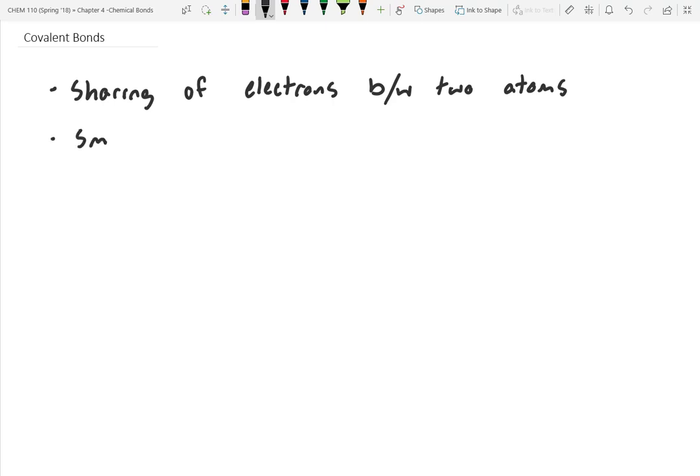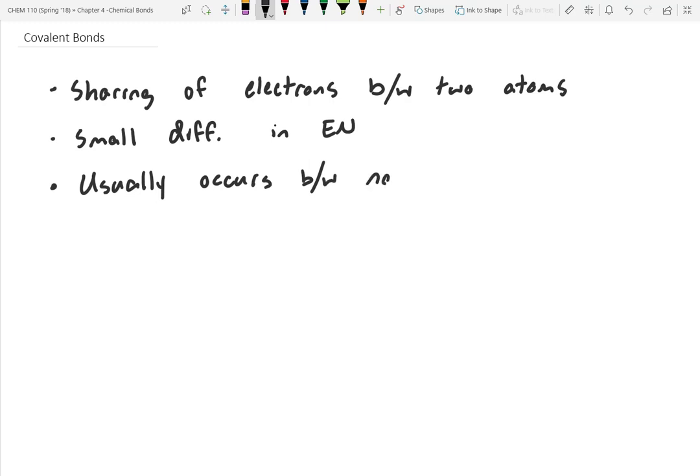There must be a small difference in electronegativity, and I like to abbreviate electronegativity EN. So small difference in EN, sharing of electrons occurs, and it's usually between nonmetals. You don't typically see covalent bonds with metals, at least not in sophomore or freshman level chemistry.